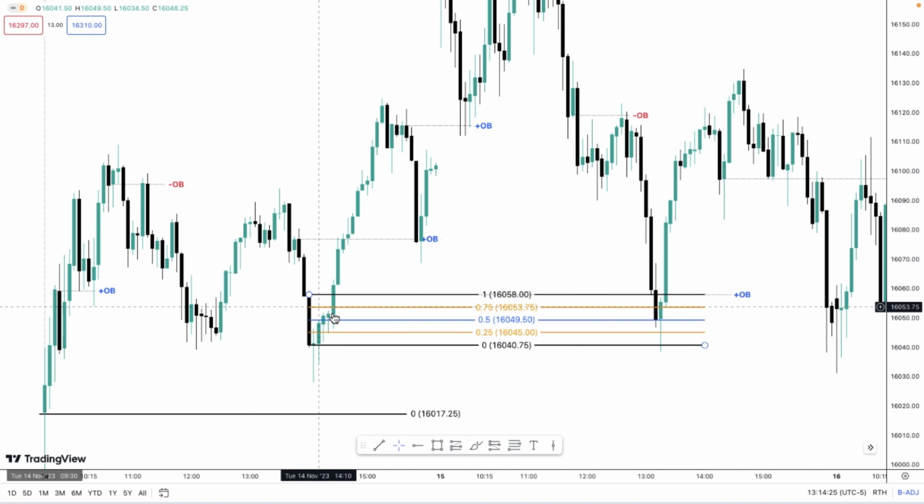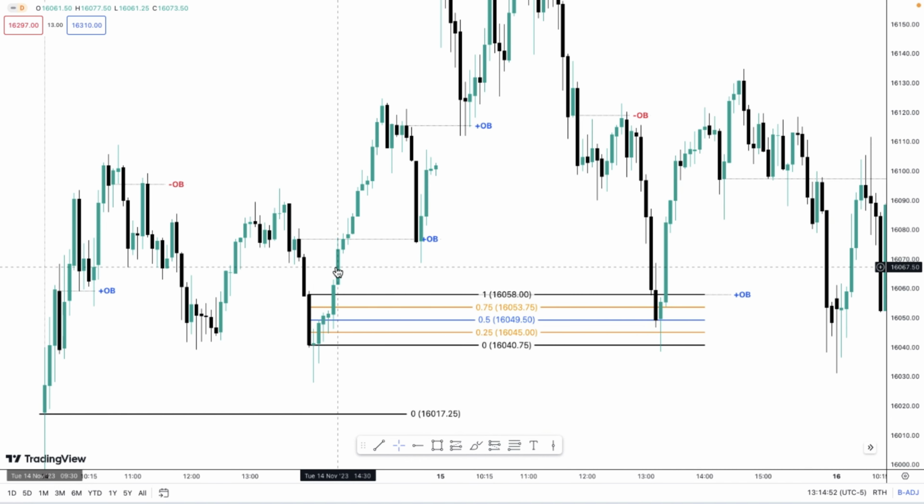I can also use Fibonacci to cater for the quadrants of the order block, obviously including the mean threshold. I'm not taking the spotlight away from order blocks, but when I'm looking at fair value gaps, I can use the same Fibonacci to cater for fair value gaps.